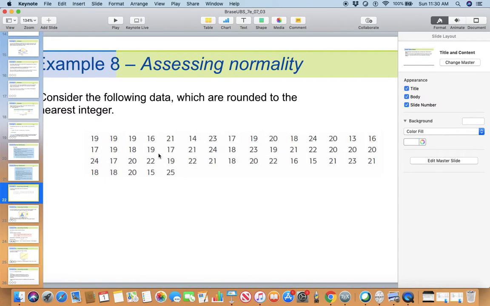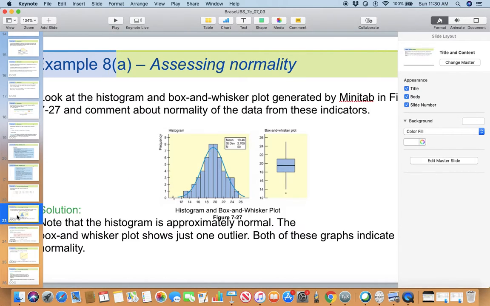Consider the following data. They're rounded to the nearest integer. So they have given us a bunch of data. The question is, is it normal or not? Look at the histogram. That histogram looks somewhat symmetric. It's not exactly symmetric, but it is approximately symmetric.